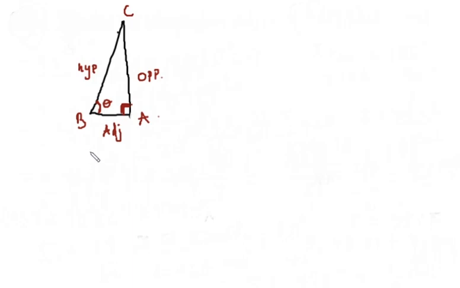When we try to relate these, if you relate opposite and hypotenuse, we have sine theta, which will be equal to opposite over hypotenuse. Opposite is AC divided by BC.